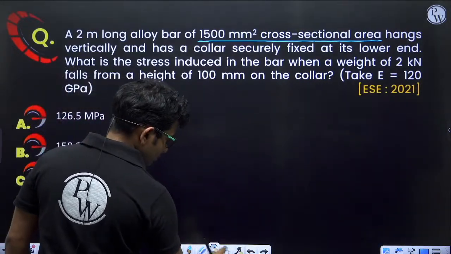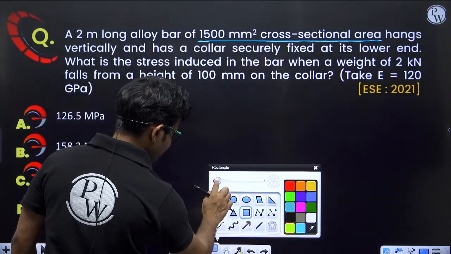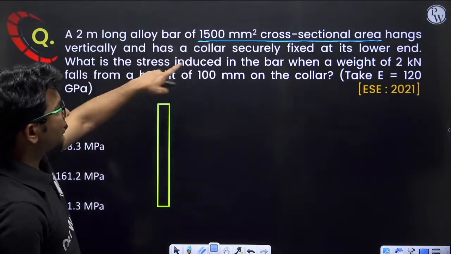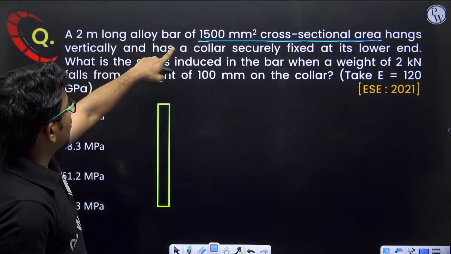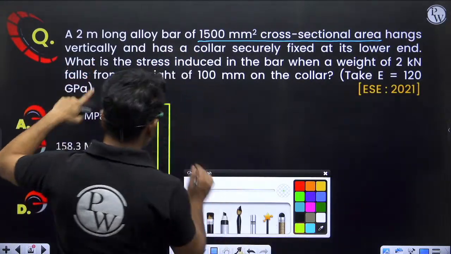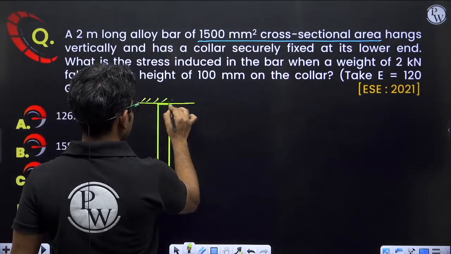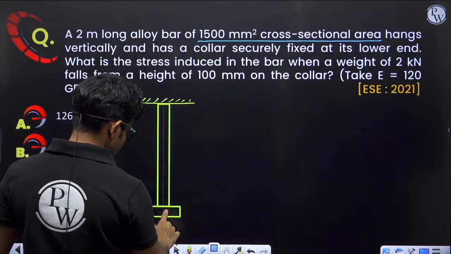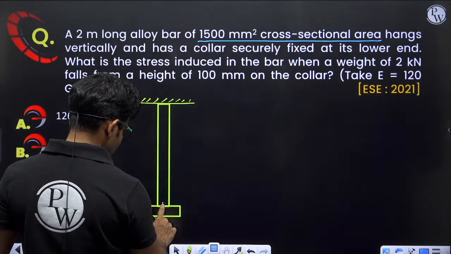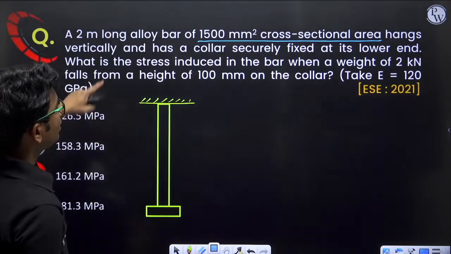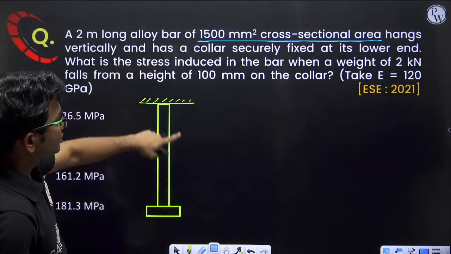So we are having a 2-meter long alloy bar like this, hanging vertically, and a collar is securely fitted at the lower end.